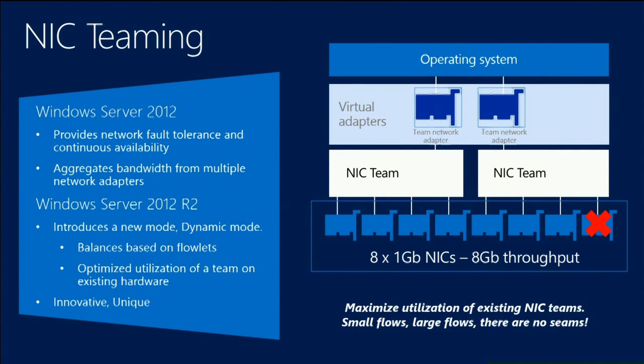No modifications, no new hardware needed at all. So that's dynamic NIC teaming that we introduced. These were two performance features we introduced in Windows Server 2012 R2 that help maximize the investment in hardware that you already have in place, by just changes in software only.